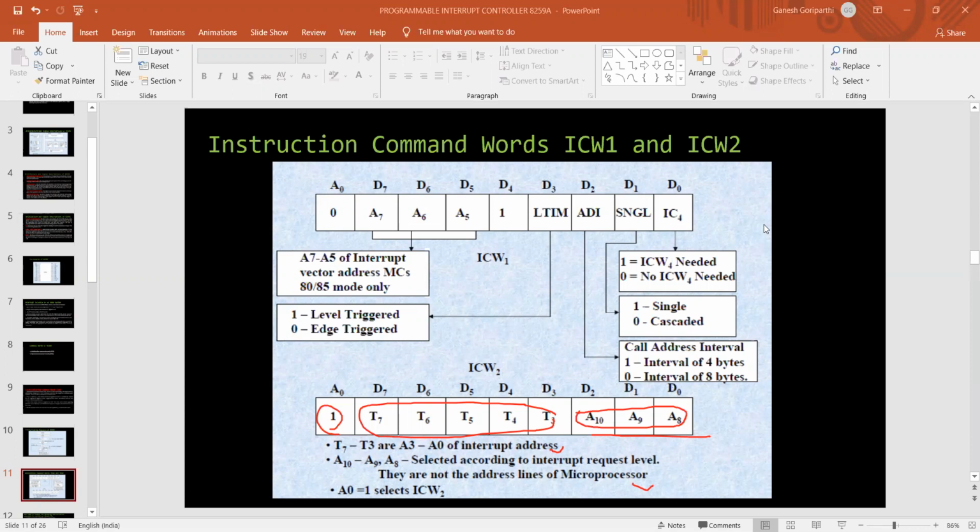So the time gap between these two calling off interrupts, that means after processing one interrupt request, the CPU will ask for the next interrupt request. The time gap between these two is nothing but the call address interval. That is decided by the 8259.